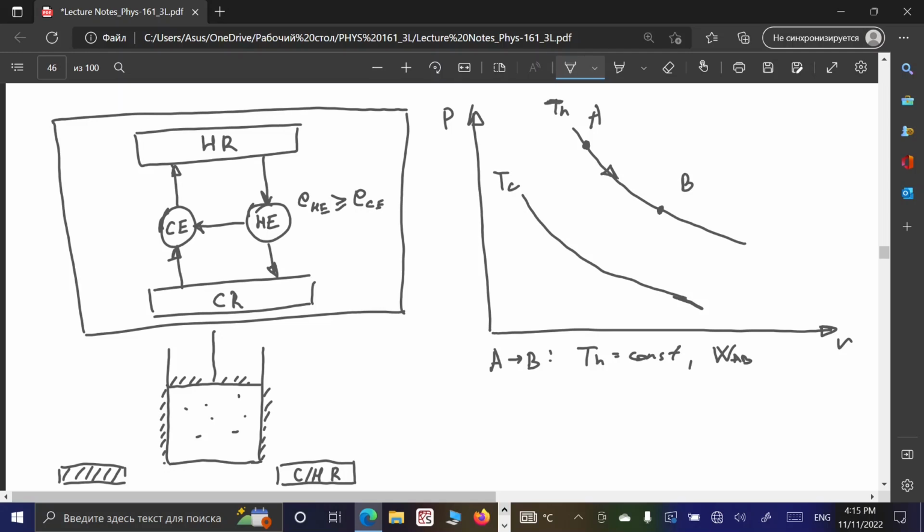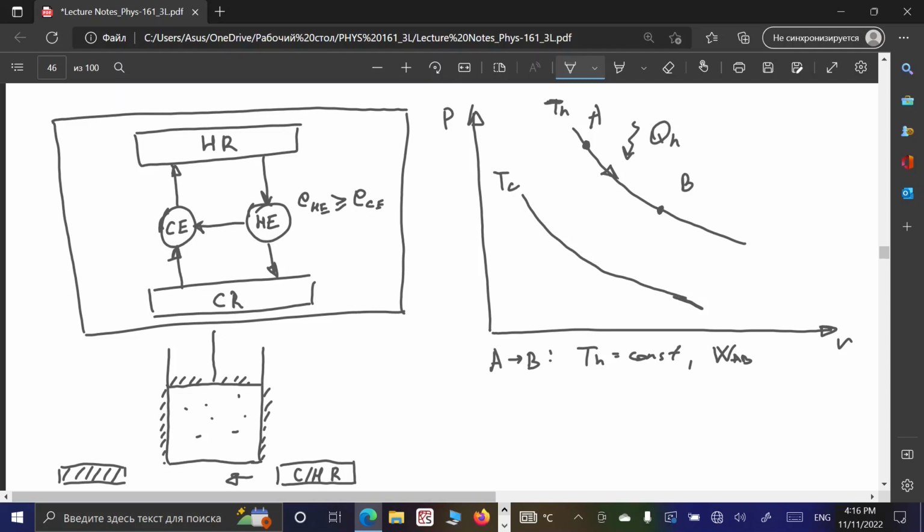And obviously this process happens when we place underneath the cylinder a hot reservoir, which will provide QH amount of heat into the system.